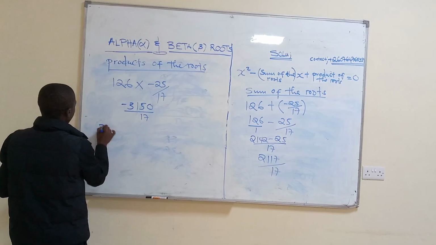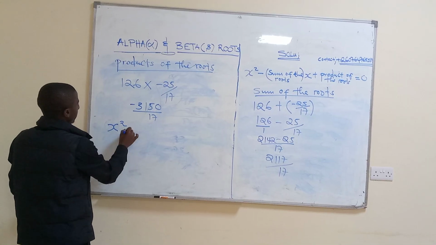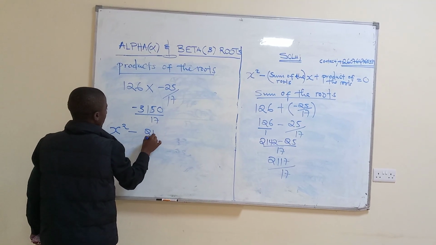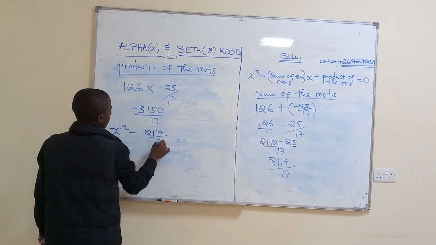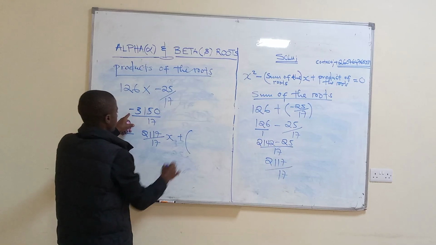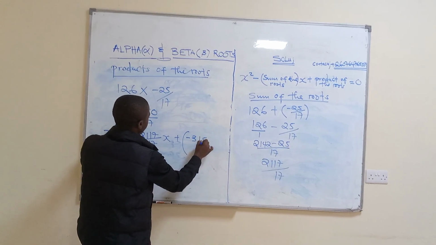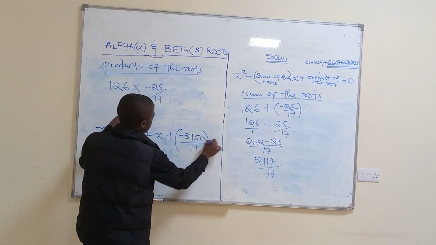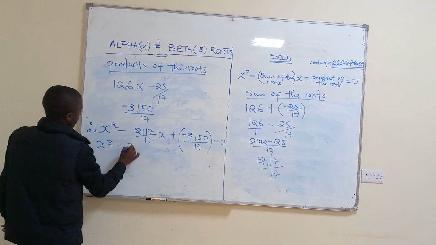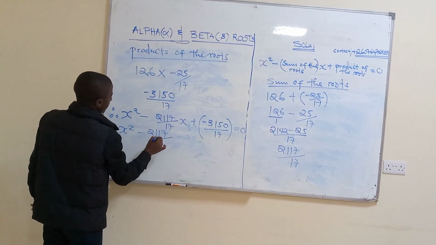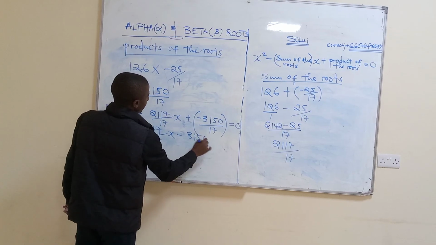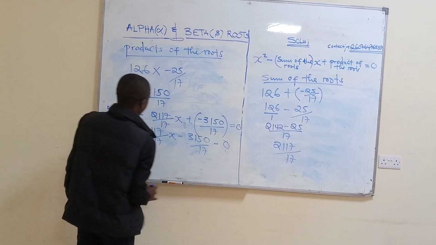So that is x squared minus the sum of the roots, which is 2117 over 17, x, plus the product of the roots, that is negative 3150 over 17, equals 0.